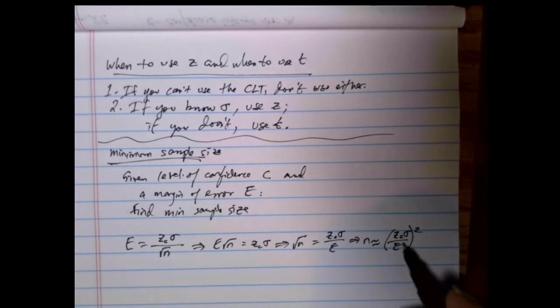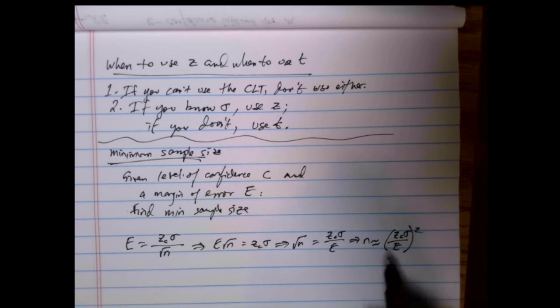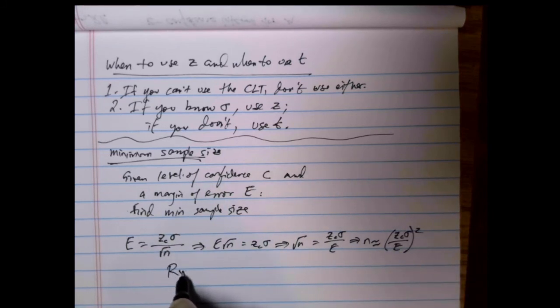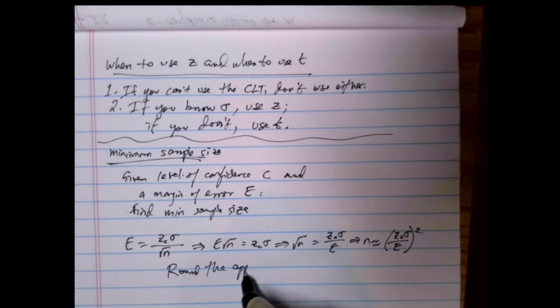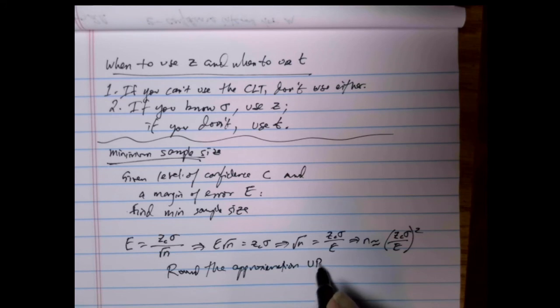Now this may not turn out to be an integer, and so what you would do is round the approximation up to the nearest integer.